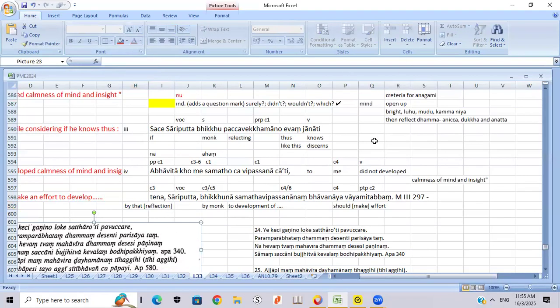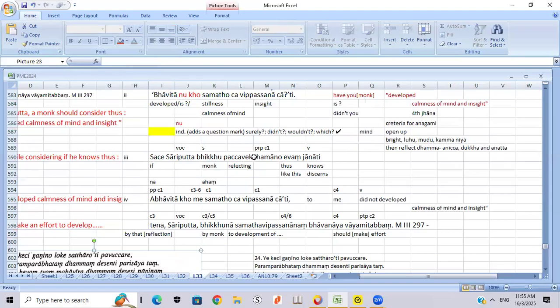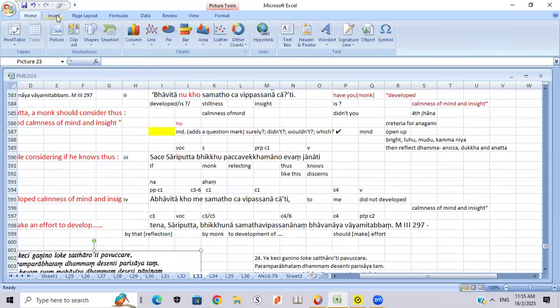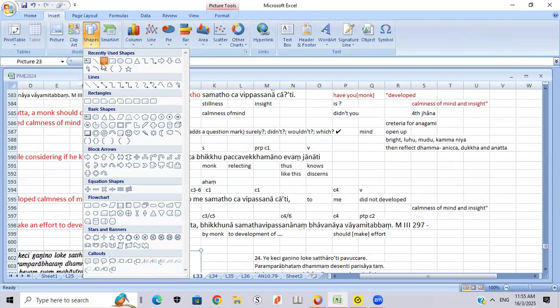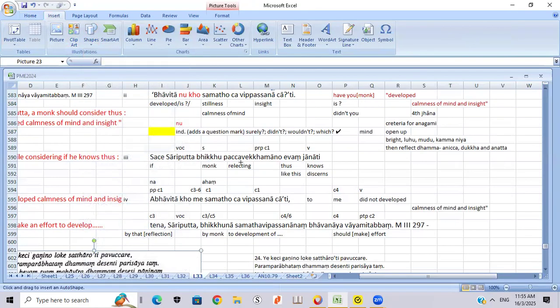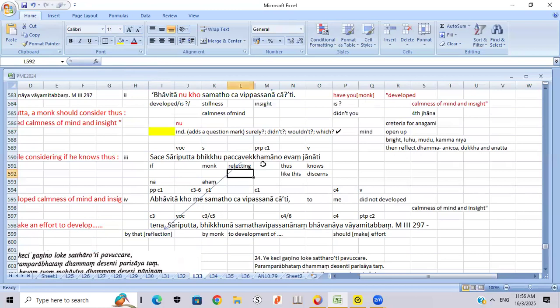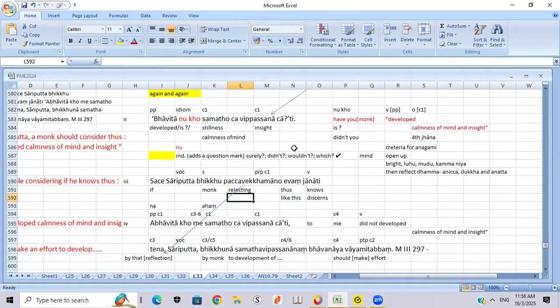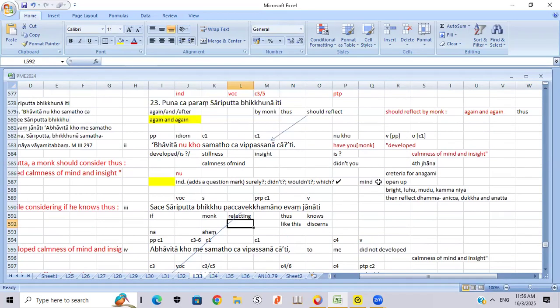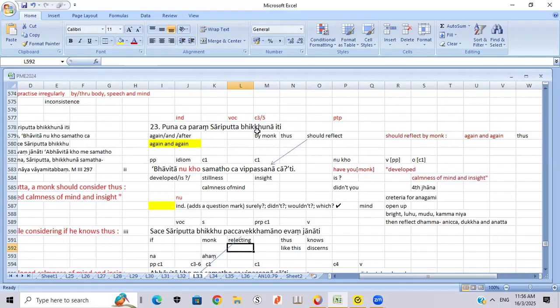The reflection refers to these two words, this Pali word. That means reflecting. Reflecting is a verb. This is a noun, by that, reflection. So does the reflection come from here, or where?